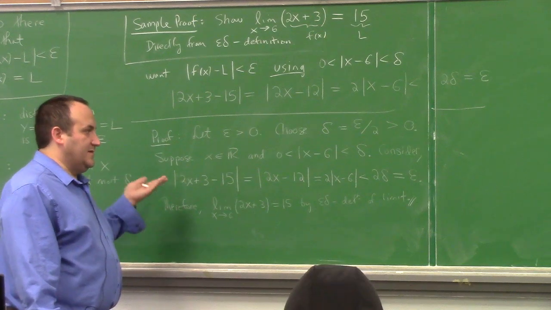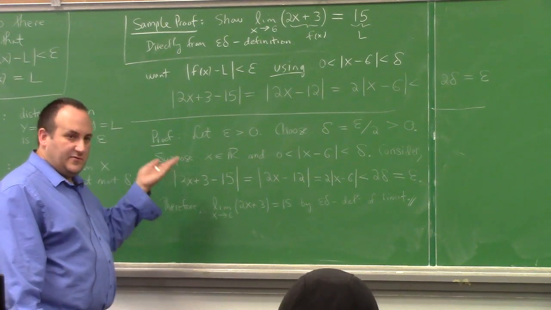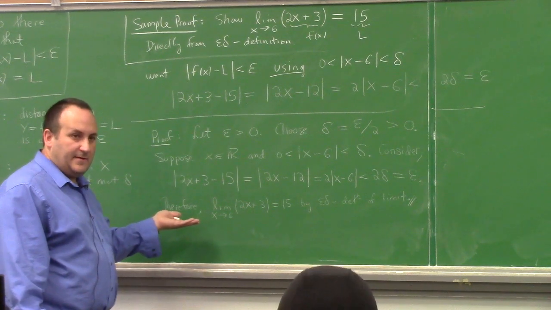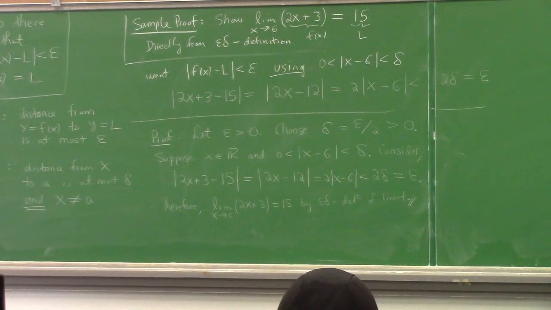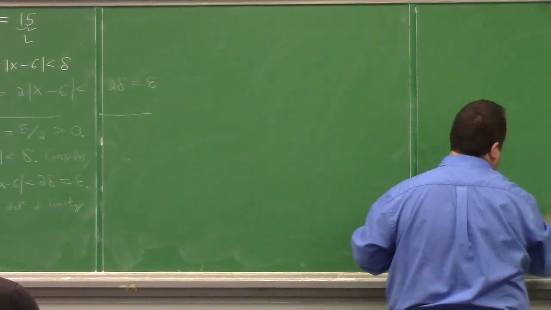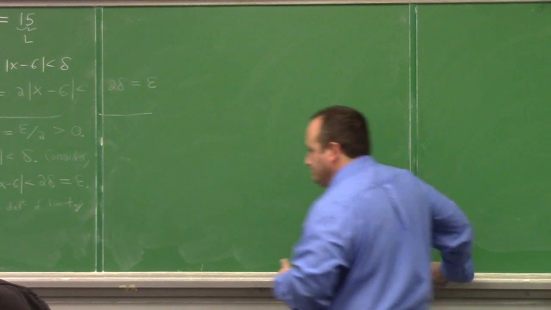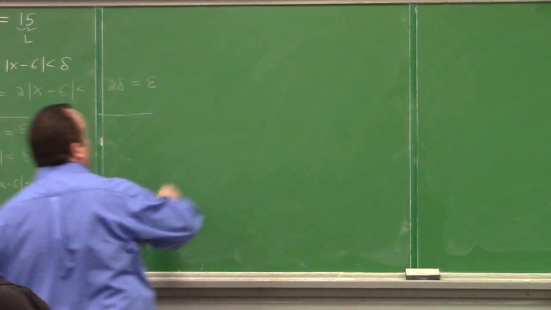So it's important to learn the theory of limits so that we don't have to go through these kinds of arguments ultimately. I'll write them down for you here. Limit laws.